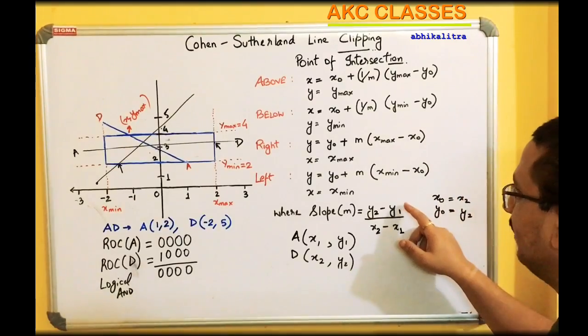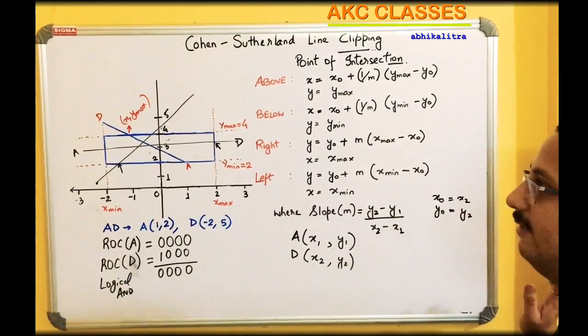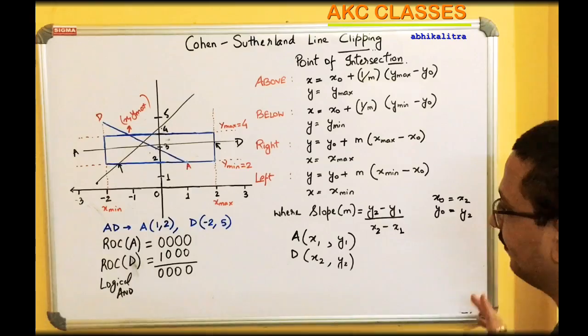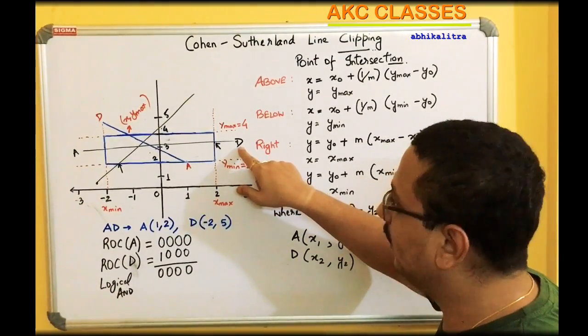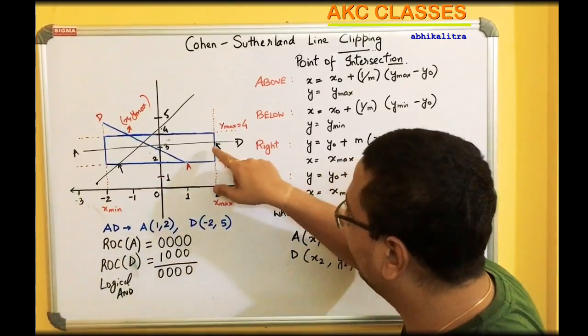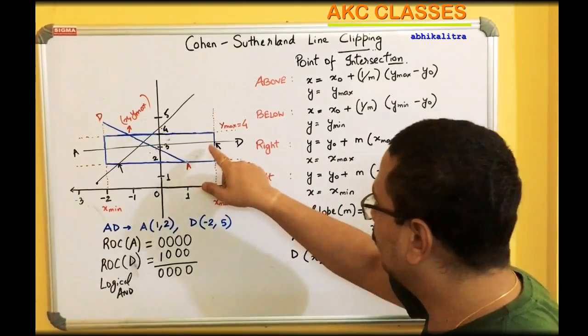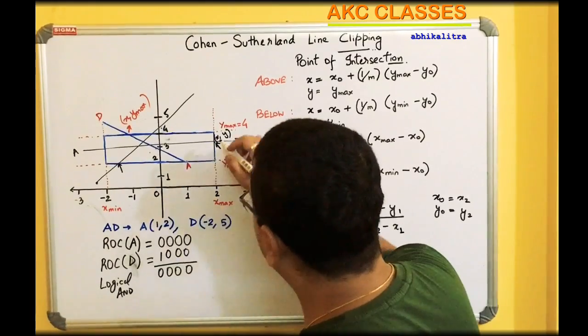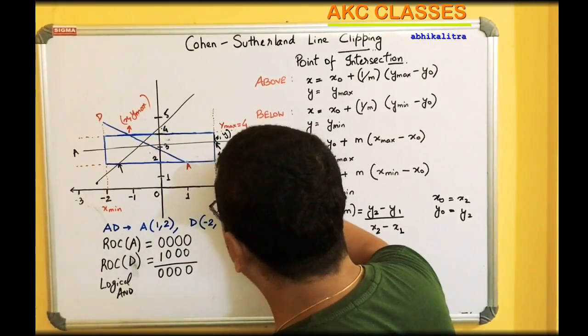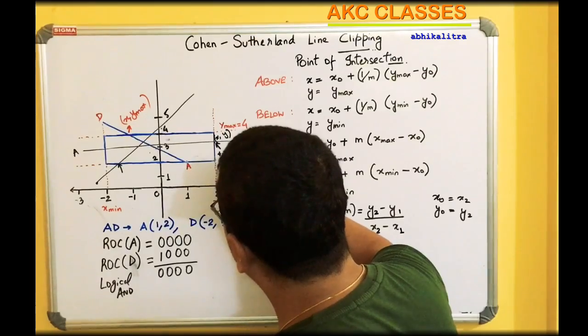We know the slope of the line, which is calculated using y2 minus y1 divided by x2 minus x1. After that, we are supplied with the coordinate location of D and the slope of the line, and we have to find the point of intersection. If I name it x comma y, since x is equal to x max, we rename it as x max comma y.